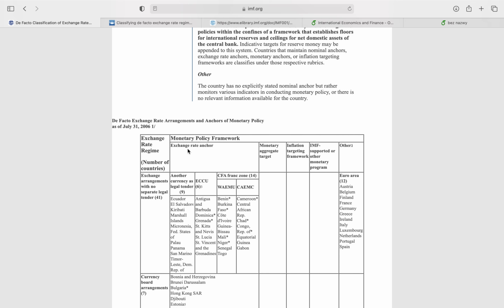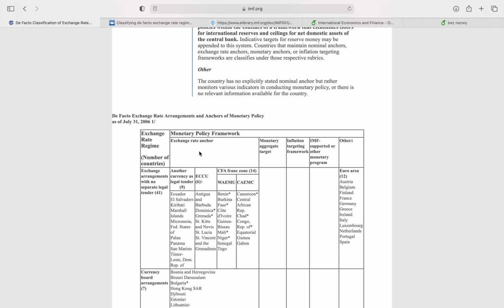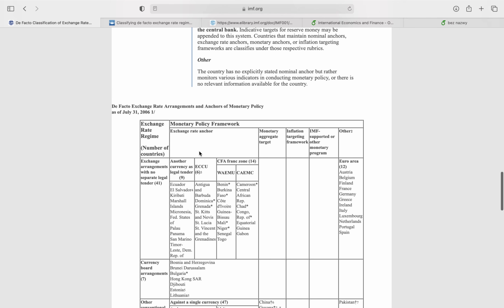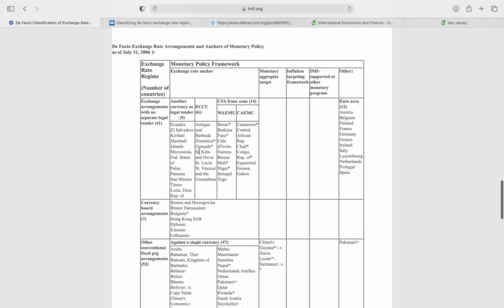And the second thing here is the exchange rate anchor. So sometimes some countries are using different currencies to fix their own currency. Usually, it's done in terms of the dollar.